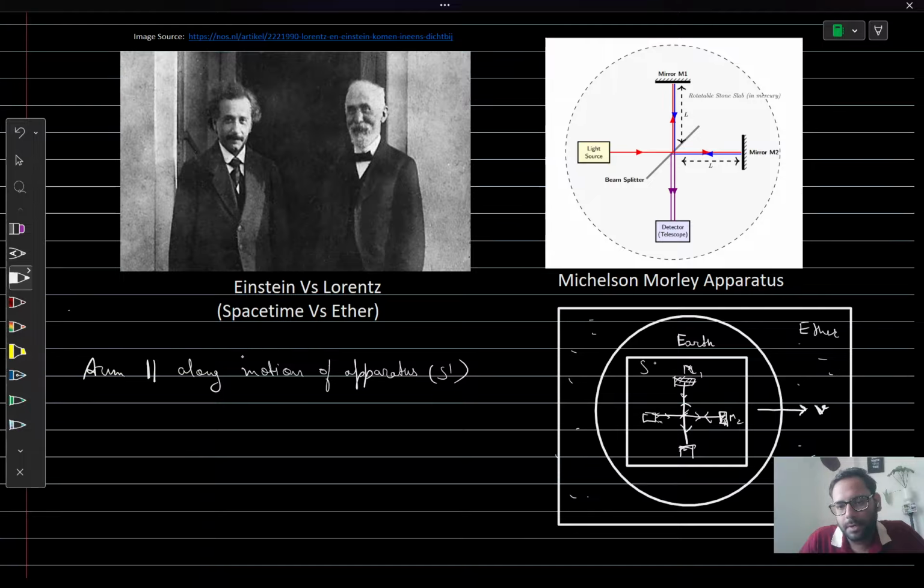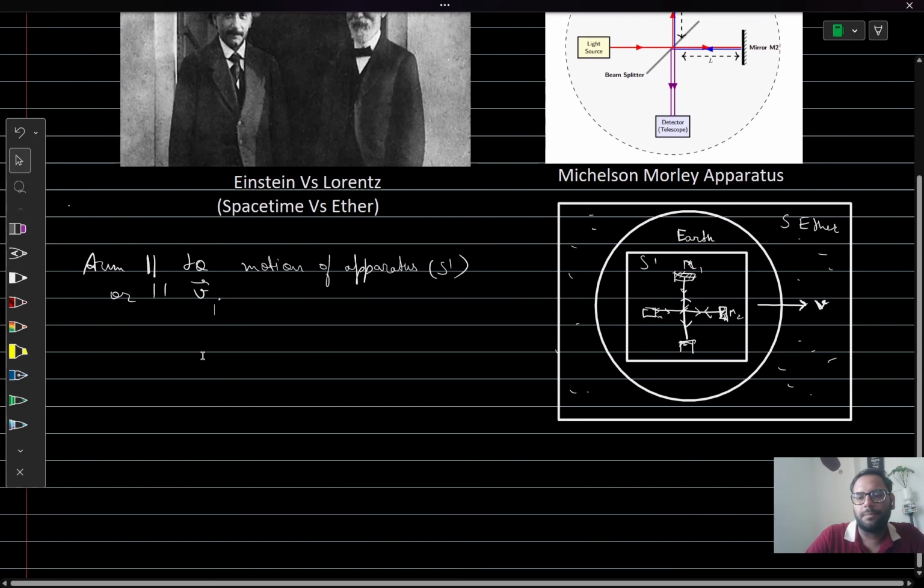This is my S prime frame, and the ether frame is the S frame. The arm parallel to the velocity is in the x direction, suppose.